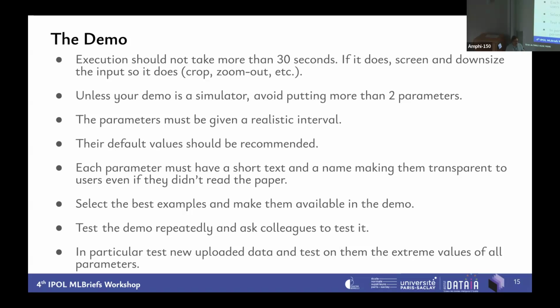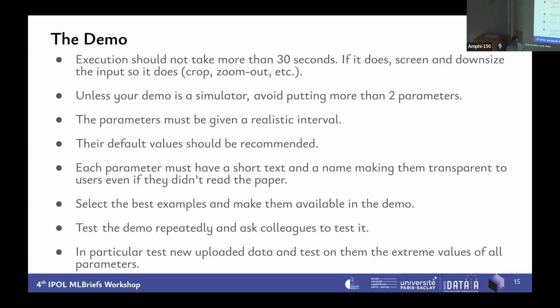This is what Pascal mentioned. You have to give default values for the parameters. I don't know if Quentin already explained that to you, but you can fix default values for the parameters. And it's very important that you can also fix intervals for the values of the parameters. Typically, you have sliders that allow you to fix the value of the parameter, and you can fix that range.